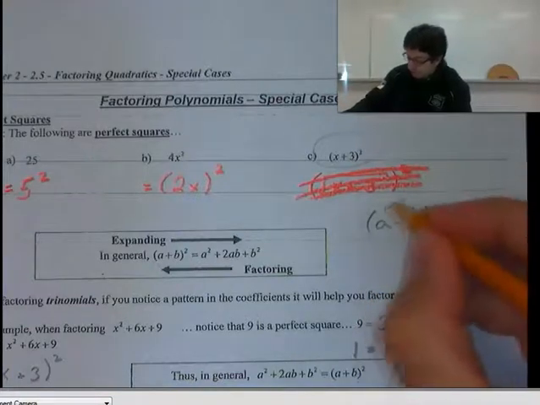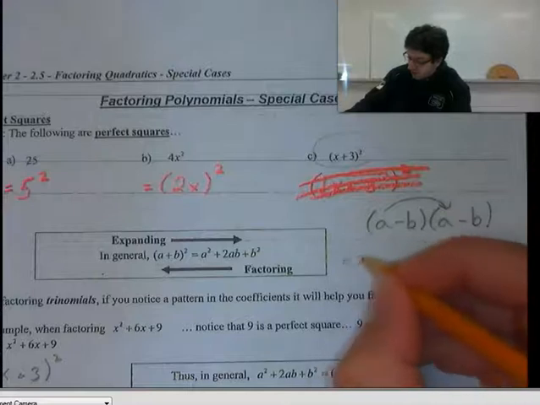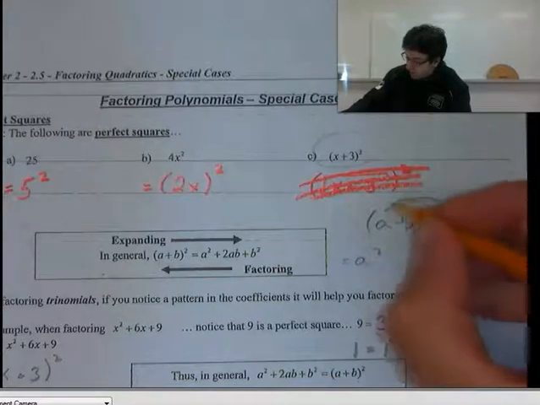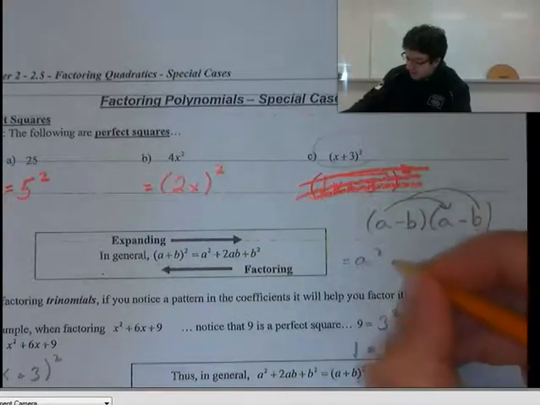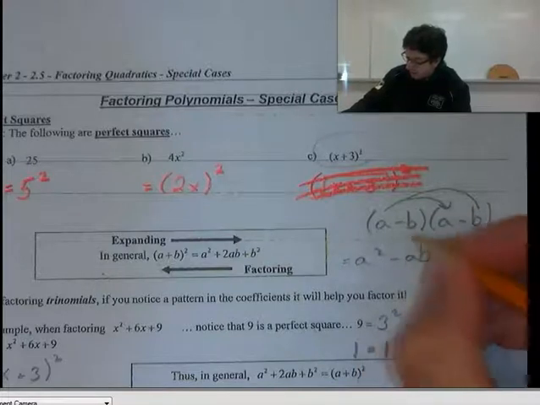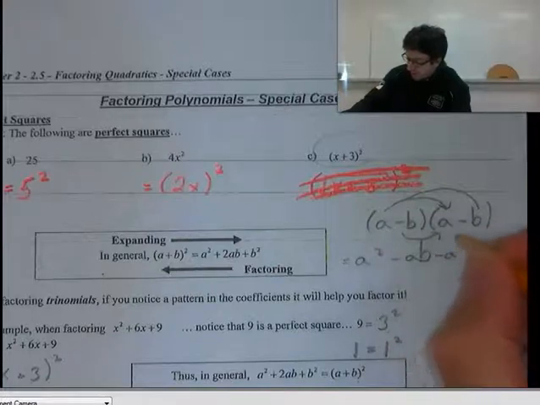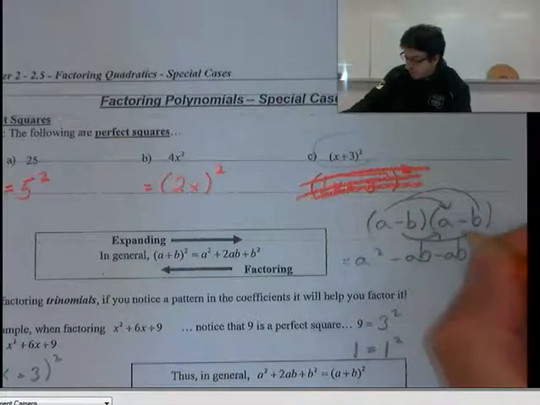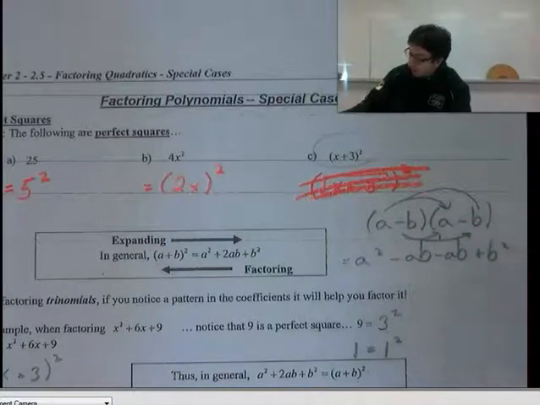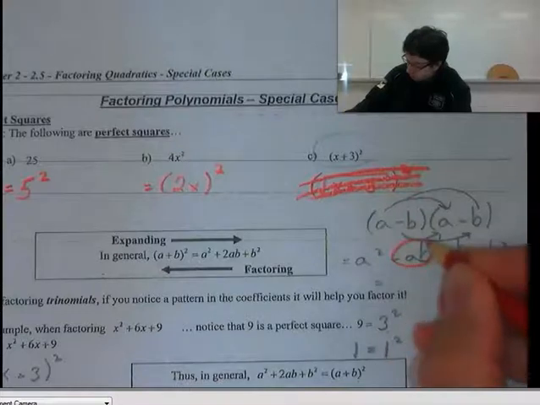Then FOIL: a times a gives you a squared. A times negative b gives you minus ab. Minus b times a gives you again minus ab. And then minus b times minus b is a double negative, which gives you a positive b squared. So now we're left with, here are our like terms.